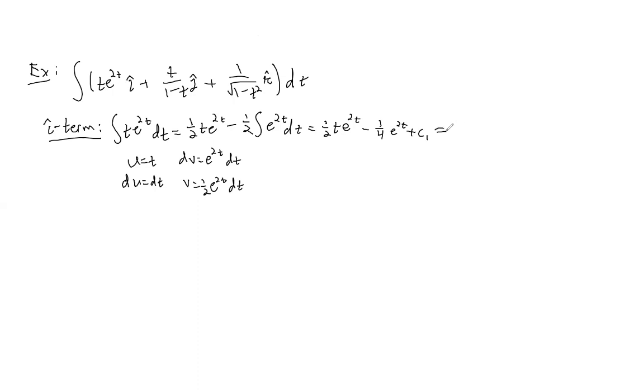If you prefer, you can write this whole thing as 1/4 e to the 2t times (2t minus 1), to make it a little bit cleaner, plus c1. Okay, so there's the first bit.